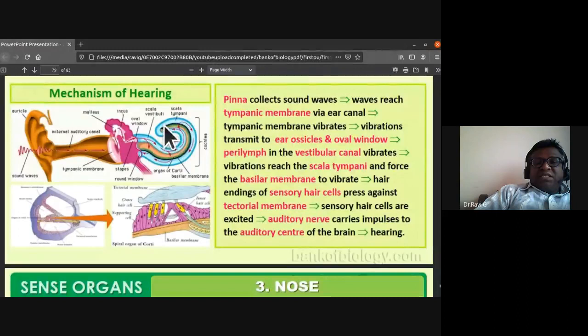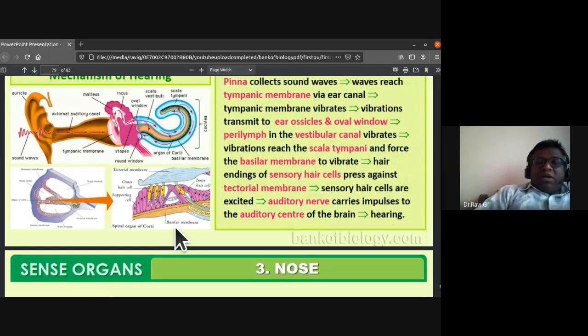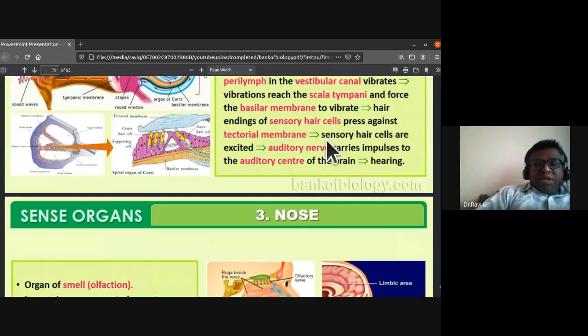The vibrations reach the scala tympani and force the basilar membrane to vibrate. The hair endings of the sensory hair cells press against the tectorial membrane, and the sensory hair cells are excited. The auditory nerve carries impulses to the auditory center of the brain and hearing takes place. This is the complex mechanism of hearing.